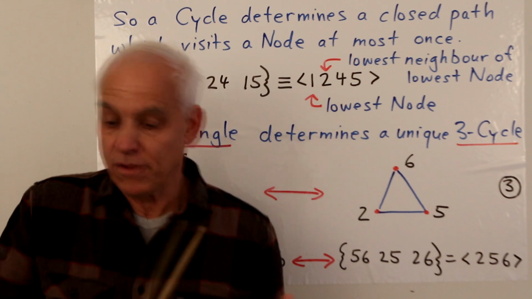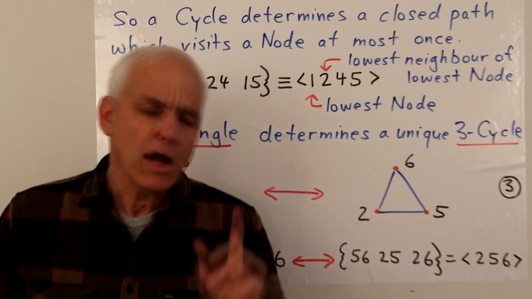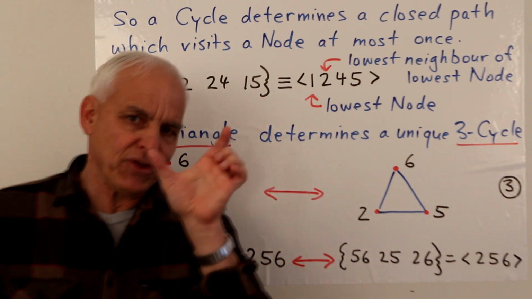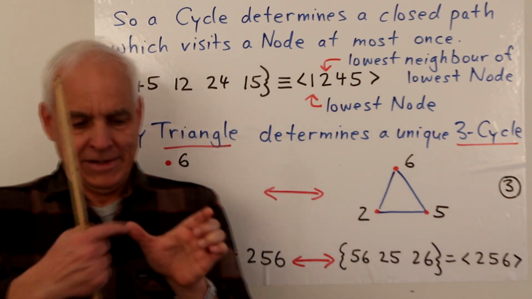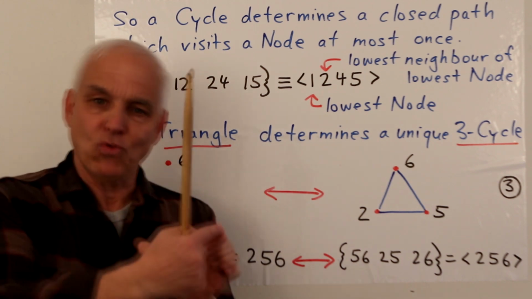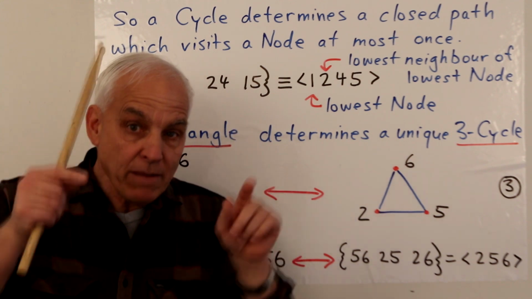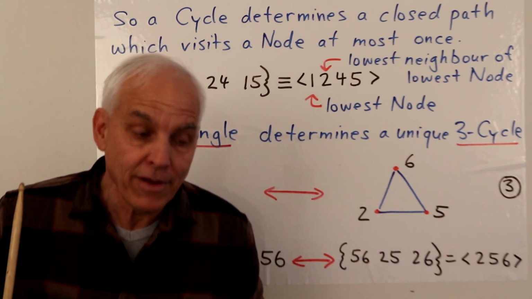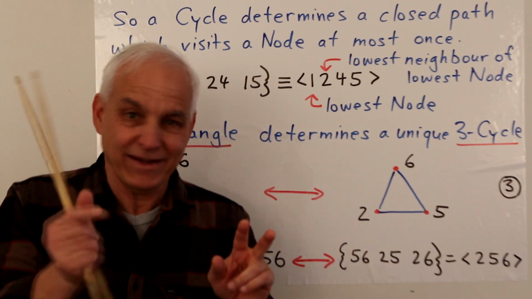Just a quick word, what happens if you just start with 2 nodes? Can you build a cycle from 2 nodes? Well, that would be like the edge 1,2 followed by the edge 2,1. But if you try to make a set out of that, the edge 1,2 and the edge 2,1, well, 2,1 is the same as 1,2.